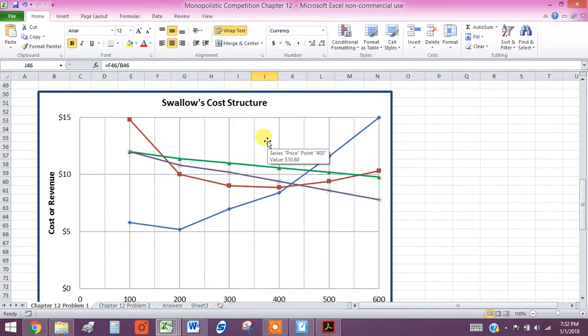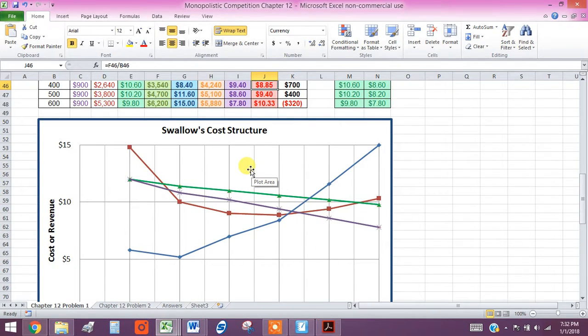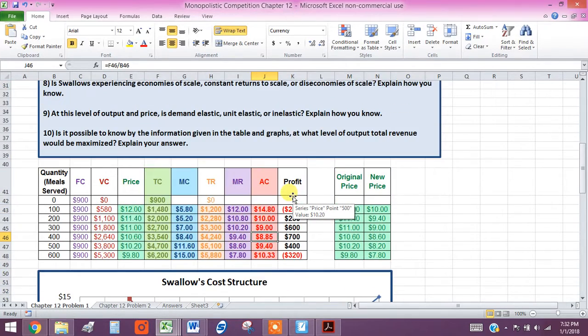And just so you understand how this works, when the demand curve shifts, the marginal revenue curve shifts with it, because there's going to be other choices for folks in the neighborhood to eat somewhere else besides Swallows.